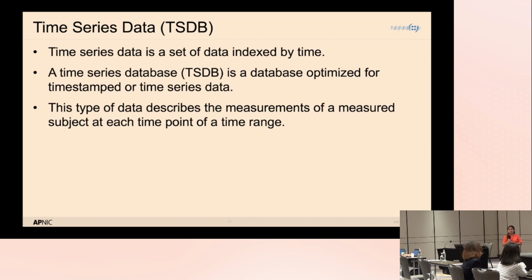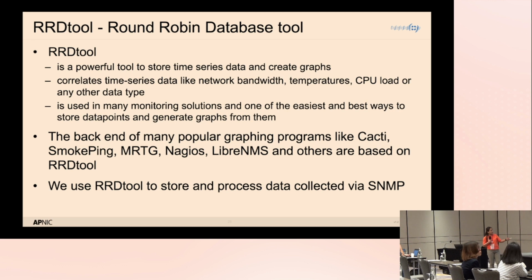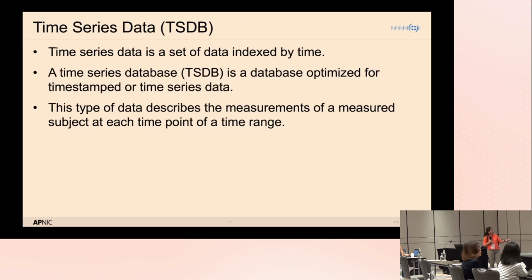So that's how it actually works. As I said, it's an example of time series data. The more modern ways of doing this we will be showing a bit later on, but essentially, going back, it is optimized for time-stamped or time series data because it can pull the information much faster. So it's actually better than typical relational databases. Okay.